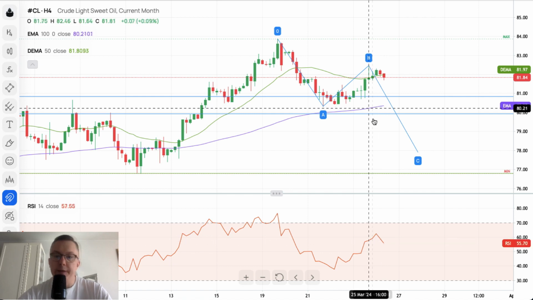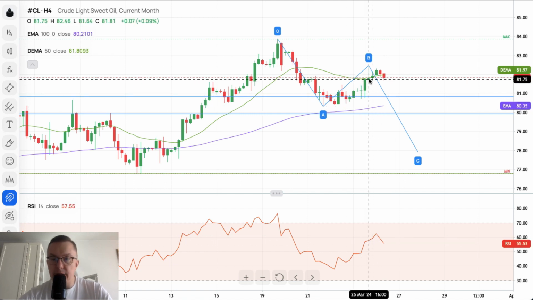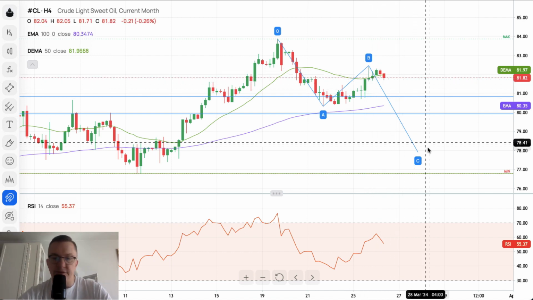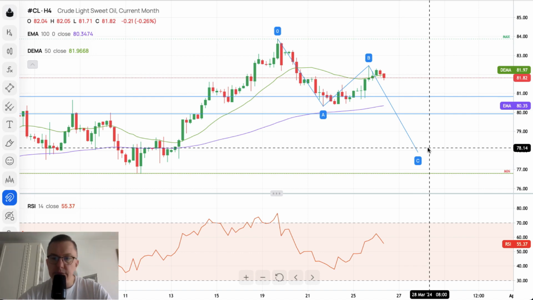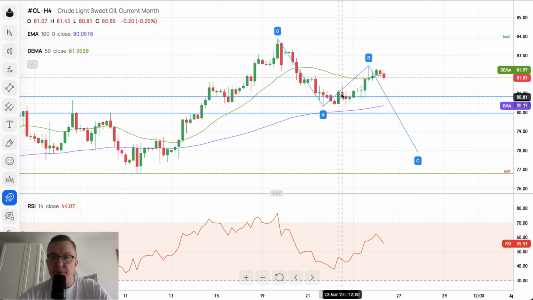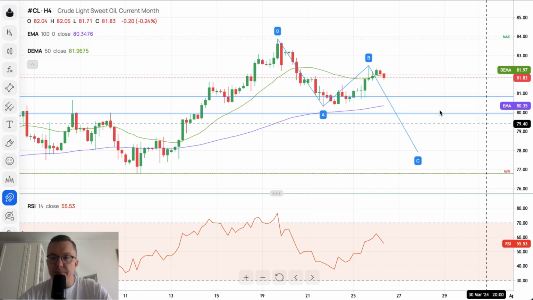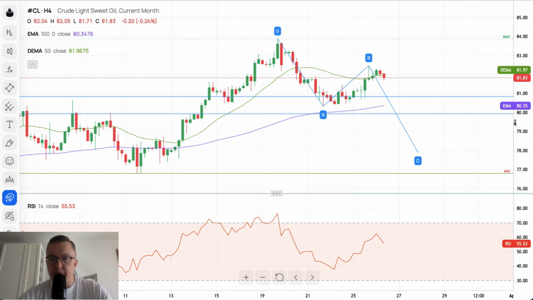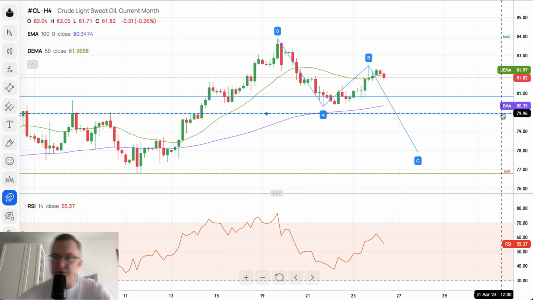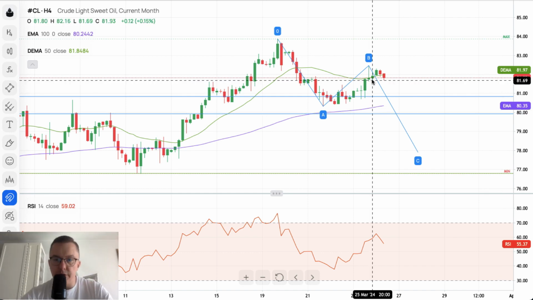We made a local high just above the 50 periods moving average at 82.46. So we might see some sort of deterioration lower when we break, especially back below this level of $80, right? So please keep an eye on the current situation of the crude oil. This movement to the upside doesn't actually look impulsive.